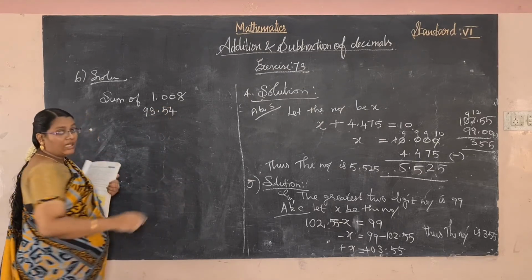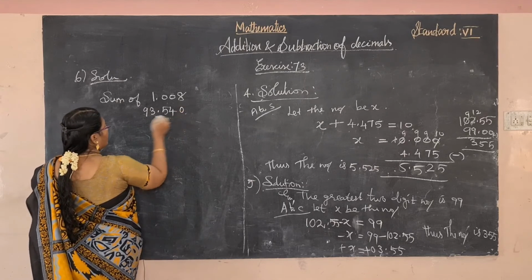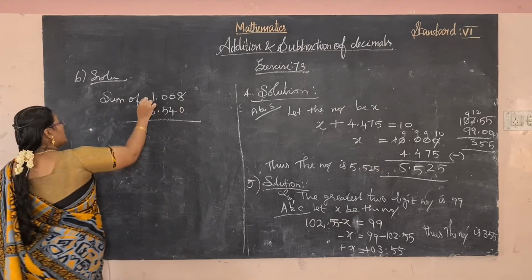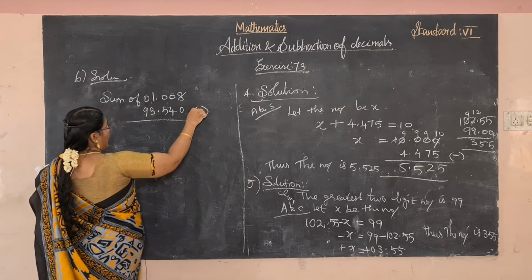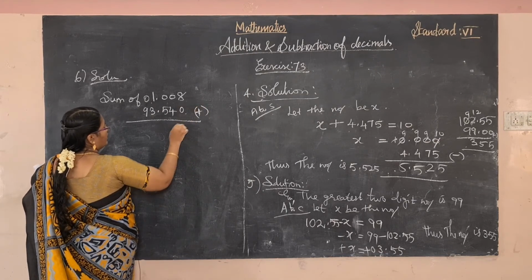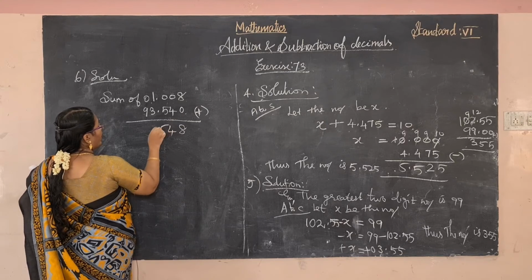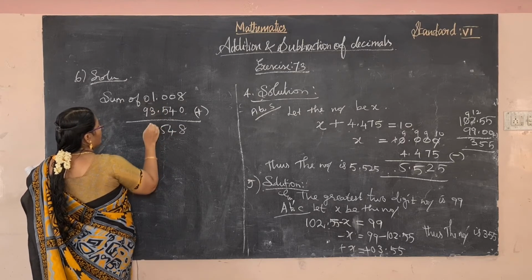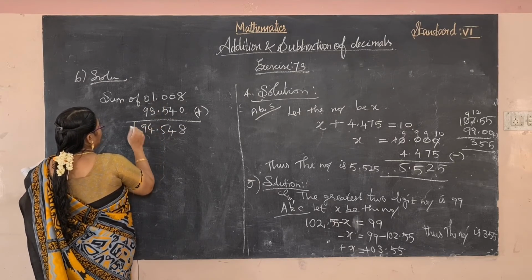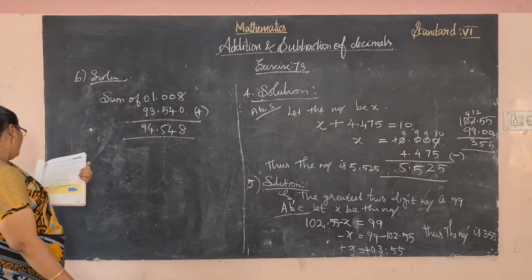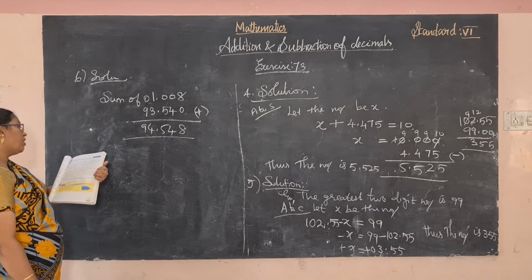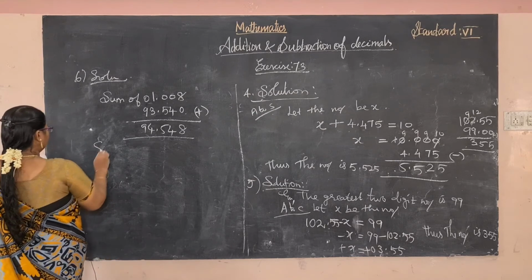So convert into the like decimals. So add means add, plus. Okay, so 845.49, that's it.